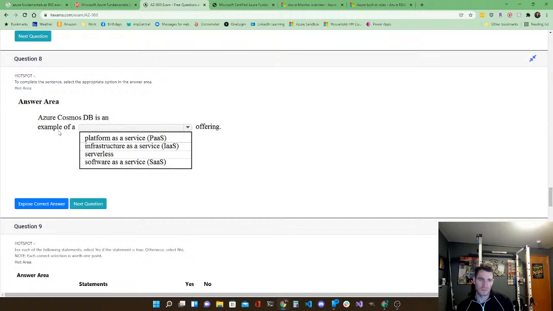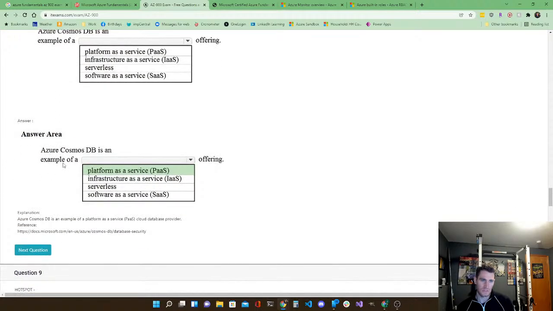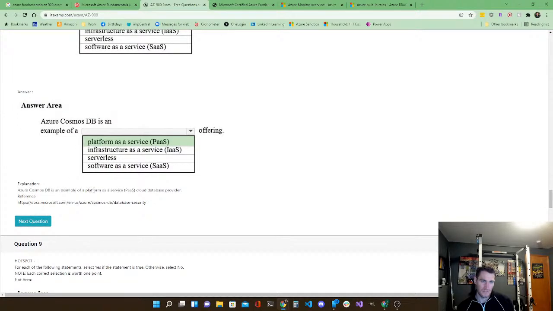Some though. Is it really serverless though? I don't know. Part of me wants to just say PaaS because I feel like you do select the compute that it's running on. Let's do that. I say PaaS. Okay, PaaS. Cool.